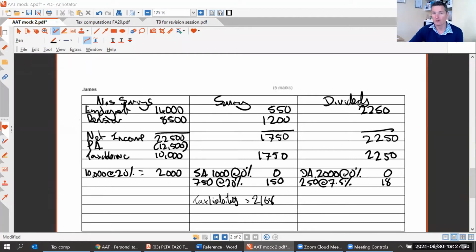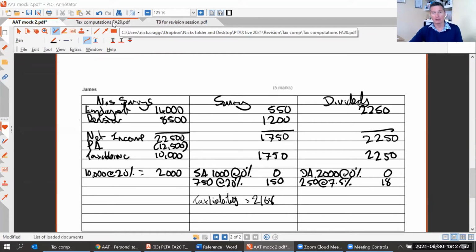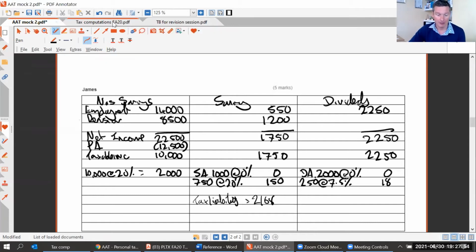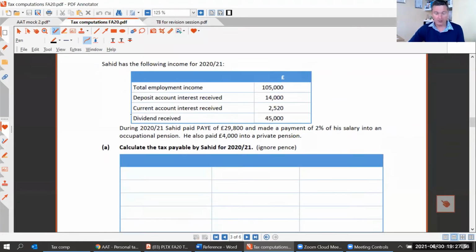So I want to look at something a bit more taxing. Well, not trying to be funny, but something a bit more realistic, which I think is more likely to come up. So this is one of our extra questions. It's not in your book. It's one of our extra tax comp questions. I did the first one in one of our live classes when we were looking at exam standard questions, and then Phil sent out both.